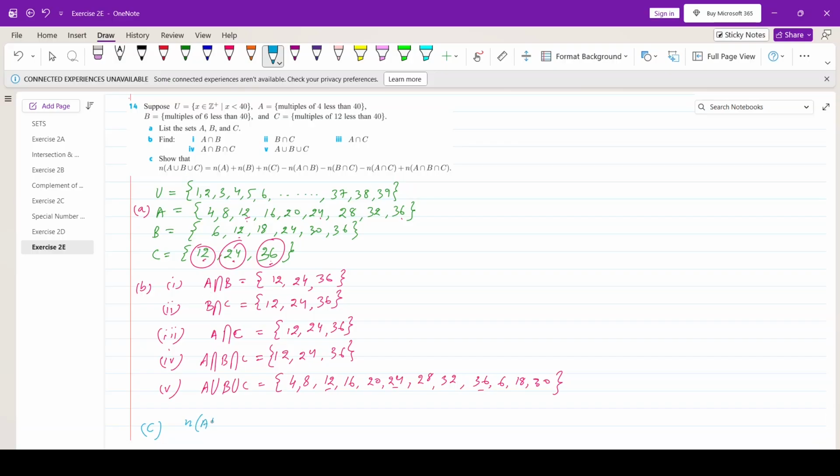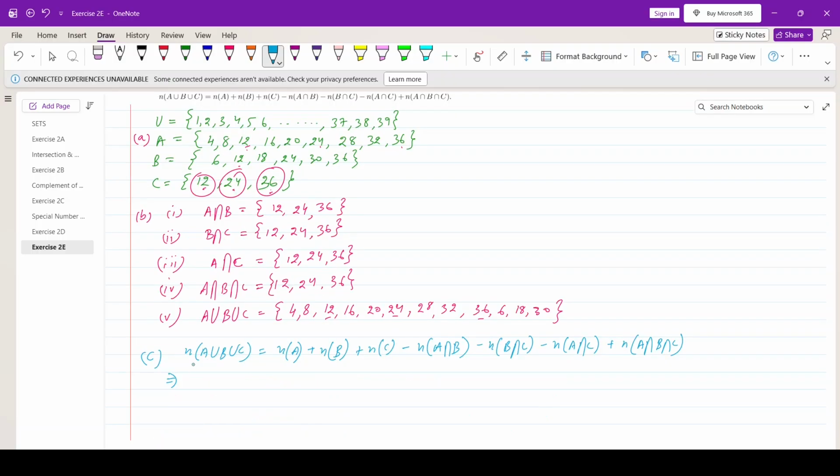Number of elements in A union B union C is equal to number of elements in A plus number of elements in B plus number of elements in C minus number of elements in A intersection B minus number of elements in B intersection C minus number of elements in A intersection C plus number of elements in A intersection B intersection C.